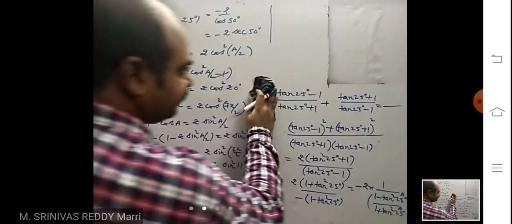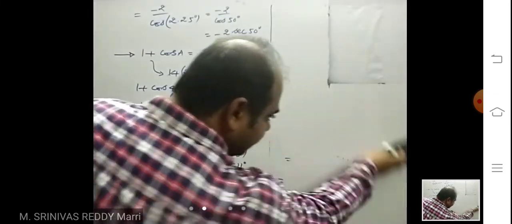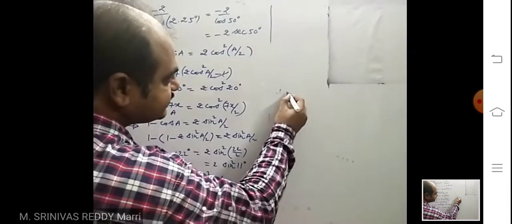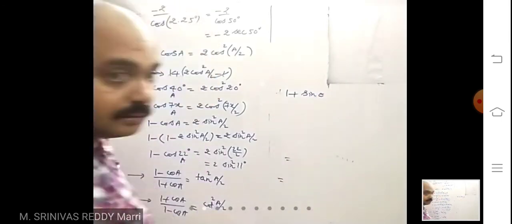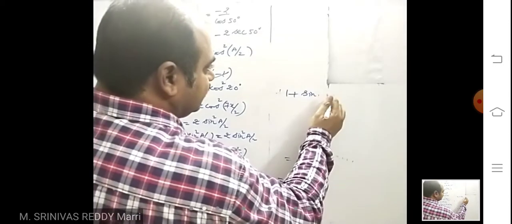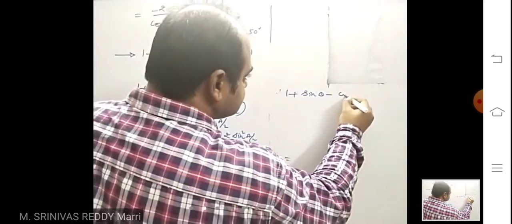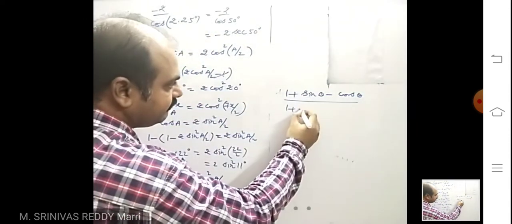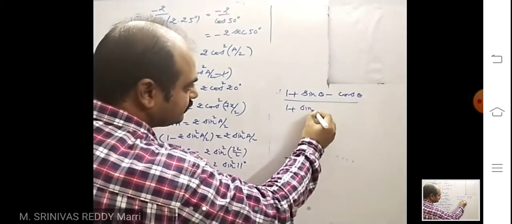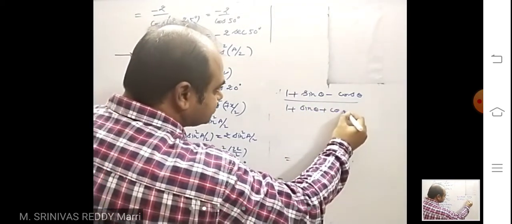Suppose take one simple example of how to simplify: 1 plus sine theta minus cos theta divided by 1 plus sine theta plus cos theta.